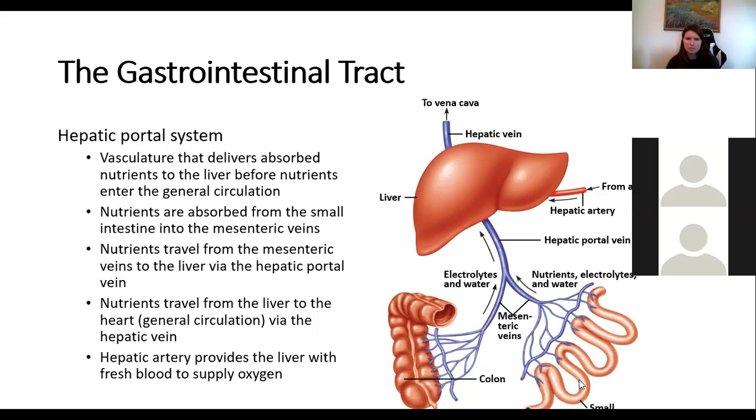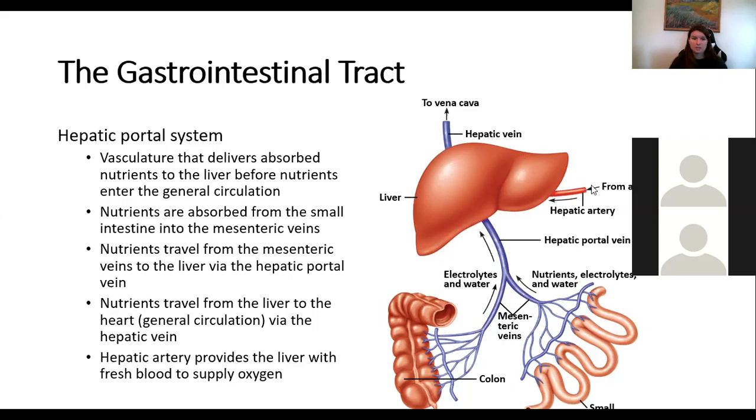So nutrients are getting absorbed from the small intestine into mesenteric veins. The mesenteric veins go into the hepatic portal vein. The hepatic portal vein goes into the liver. And then this liver is going to be storing some of those nutrients, detoxifying stuff before it allows stuff to pass into the rest of the circulation.